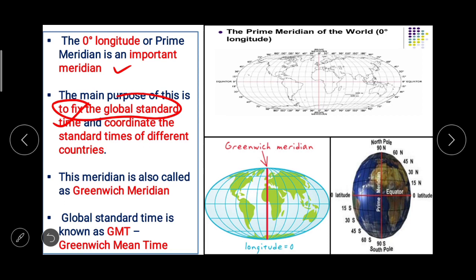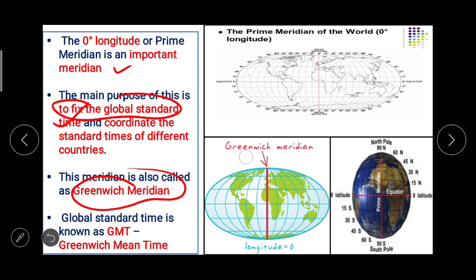So it is for the time, to consider the time or to fix the time. This meridian is also called the Greenwich meridian. Global standard time is known as GMT, that is Greenwich Mean Time. So this 0 degree longitude is important for the time purpose.